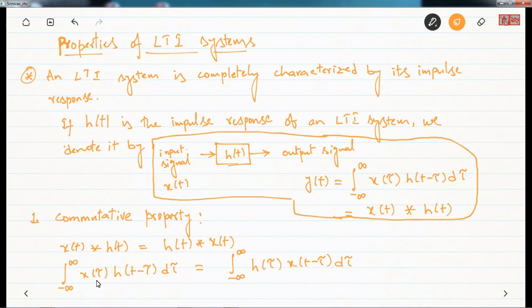Either if I solve this integral or this integral, the answer will be the same.